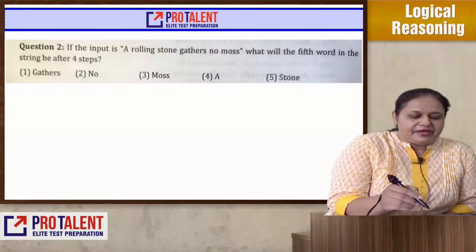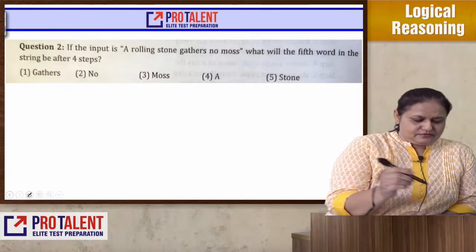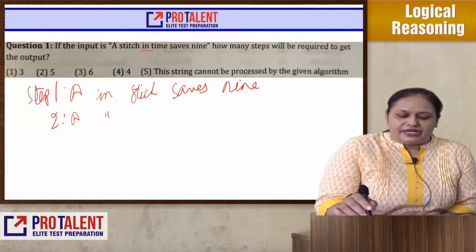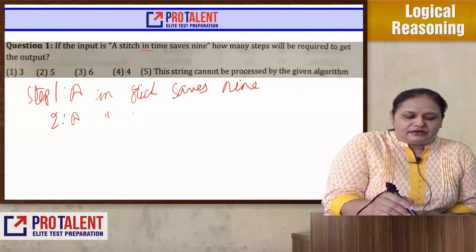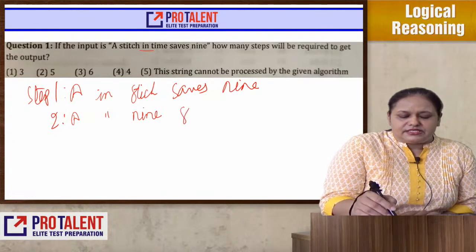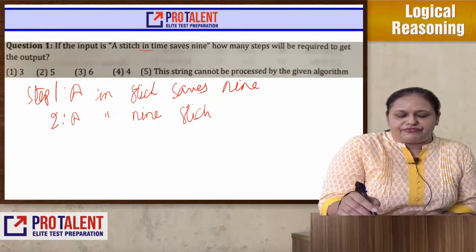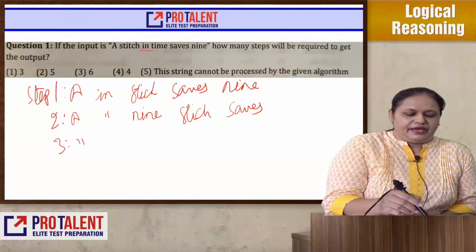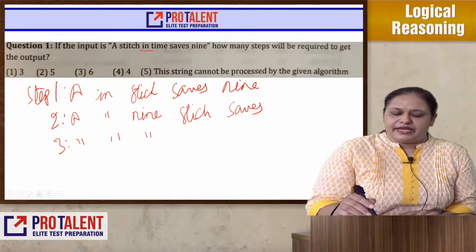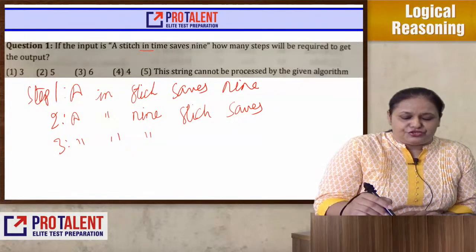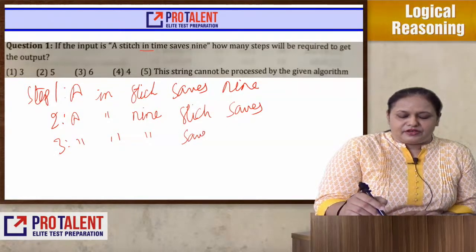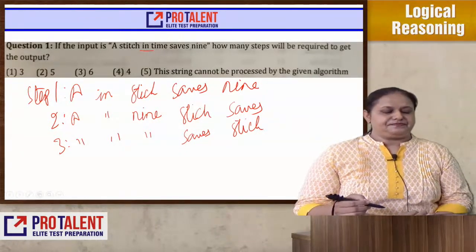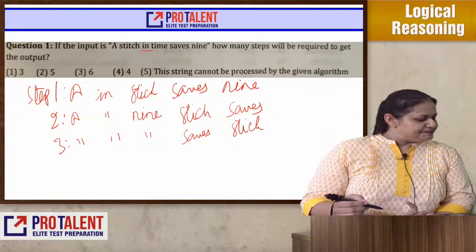Step number 2 would have been A, IN, now the 4-letter word, 9, then stitch, saves. Step number 3: A, IN, 9, then SA, saves, and then comes stitch. 3 steps. Option number 1, 3 steps.